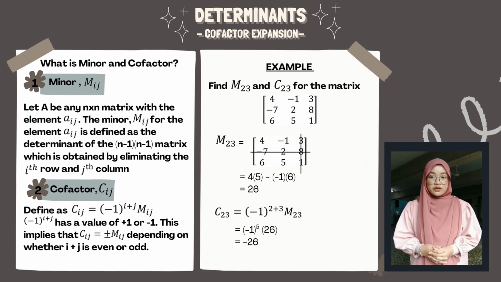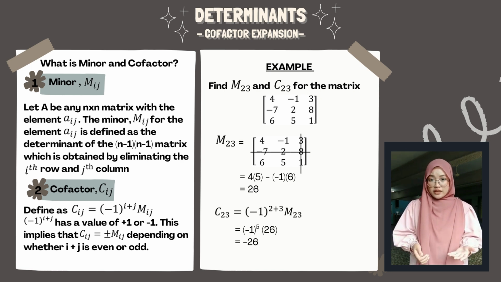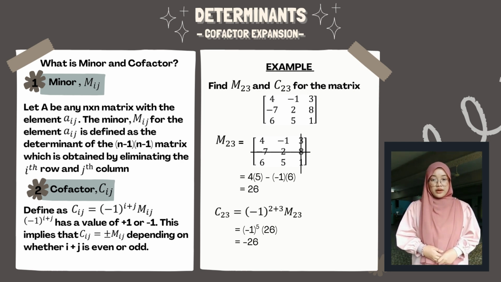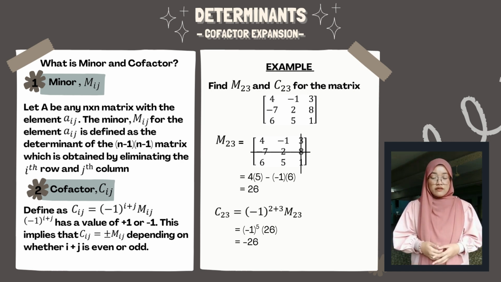Next, I will explain about determinants by using cofactor expansion. Before we use this cofactor expansion, we have to know what is minor and cofactor. So let me explain for you guys. What is minor? Minor is defined as the determinant of the n minus 1 times n minus 1 matrix, which is obtained by eliminating the ith row and jth column.